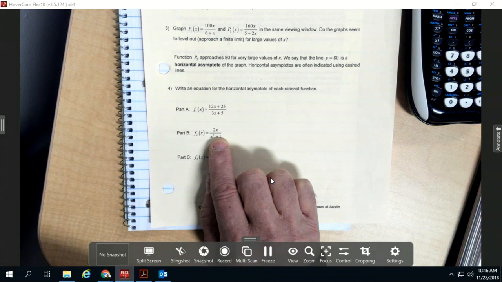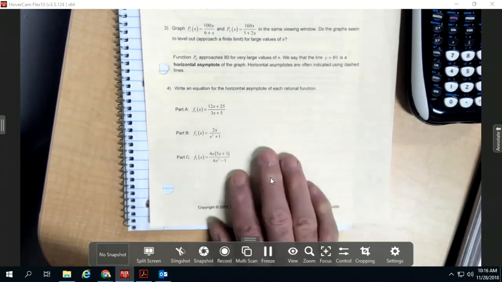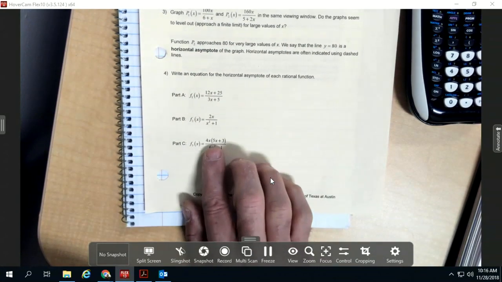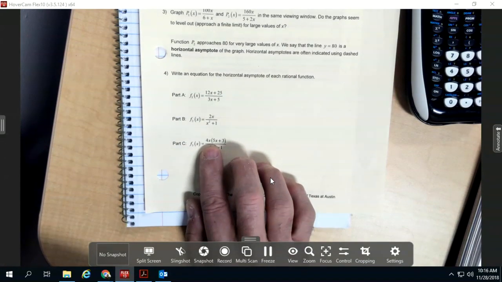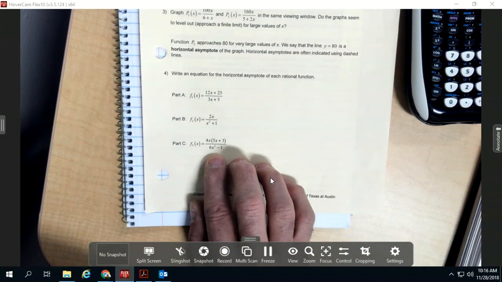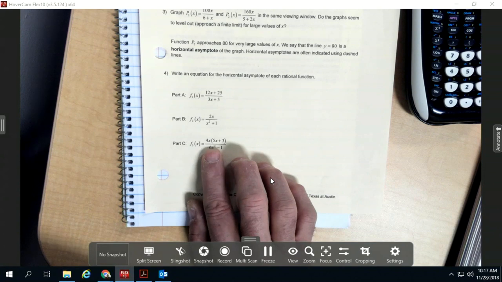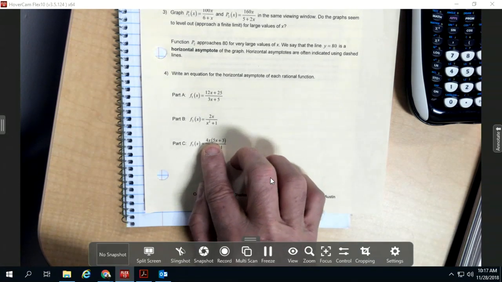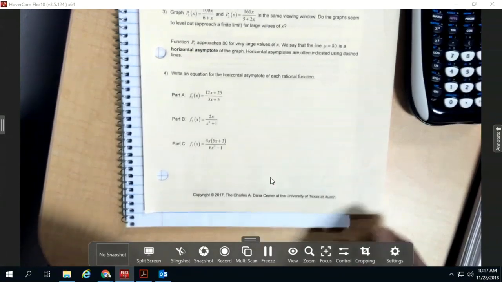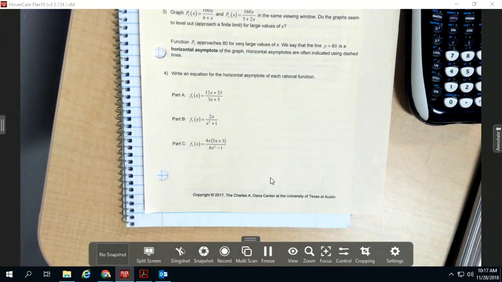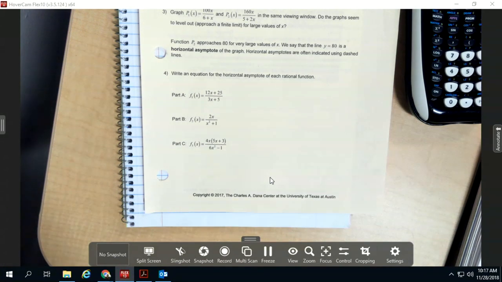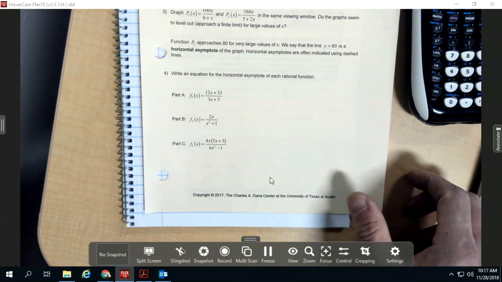Very good. Do you see why it's 0? Because the denominator power is bigger than the numerator power. Last one. Y equals, what is that, 6 2/3? Because the power of the numerator is squared, the power of the denominator is squared. So what do you get? Right? 6 2/3?